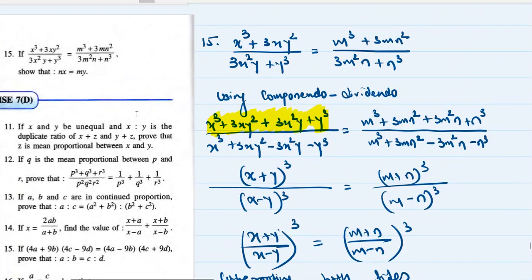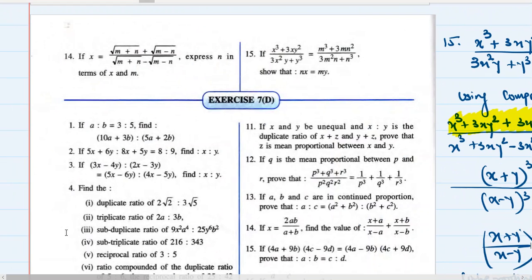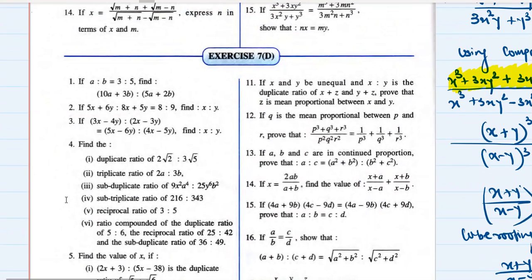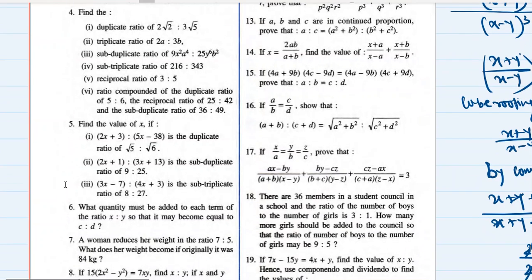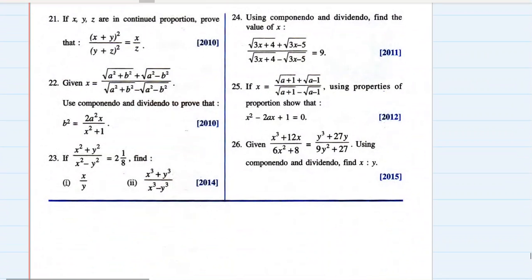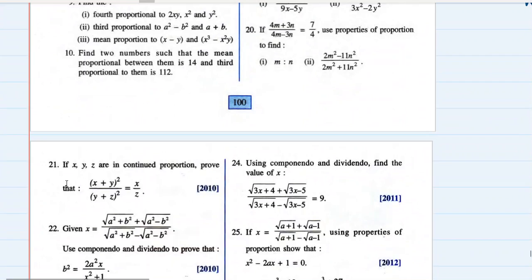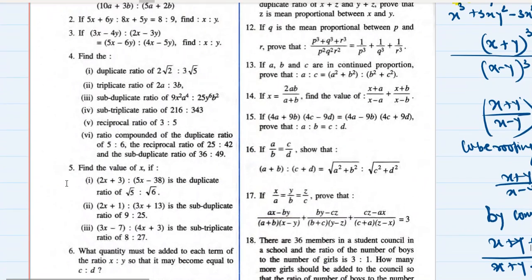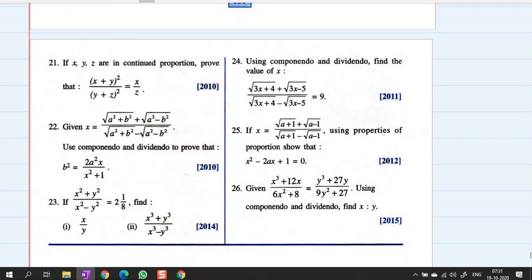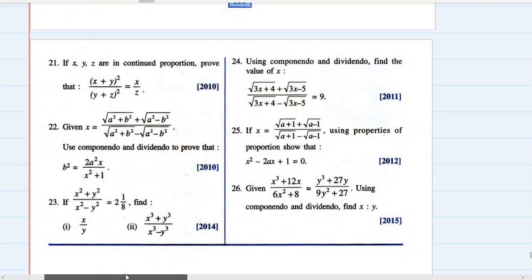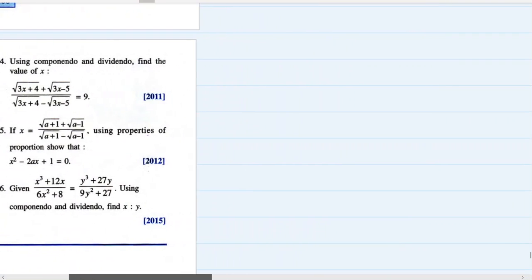Did you understand? Yes, sir. Great. Any other doubt? 7D. Somebody was saying 7D. Sir, question 25. 25, is it correct?